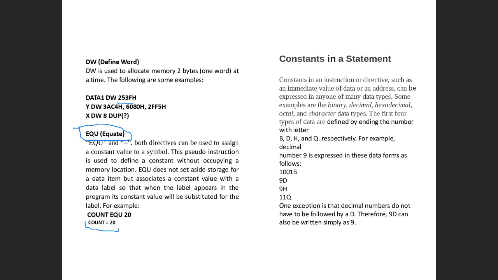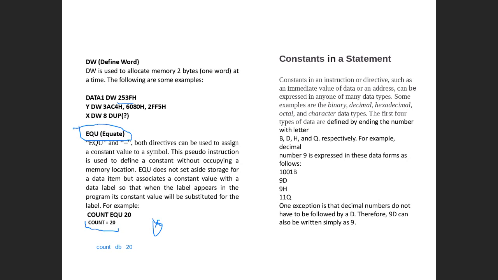But what is the difference from this one? We can also write, for example, count DB 20. What is the difference between these two? One is count EQU 20 or count equal 20, and another one is count DB 20.